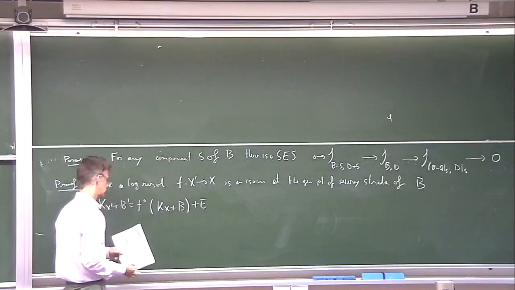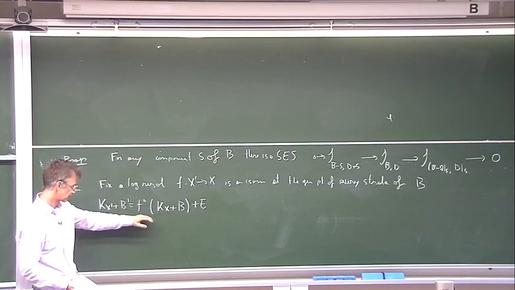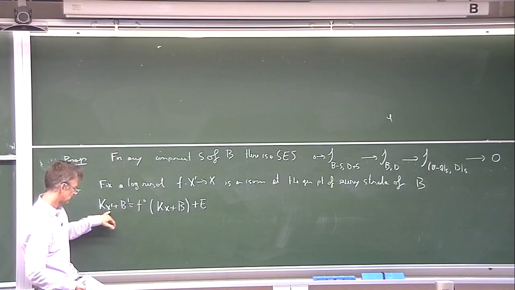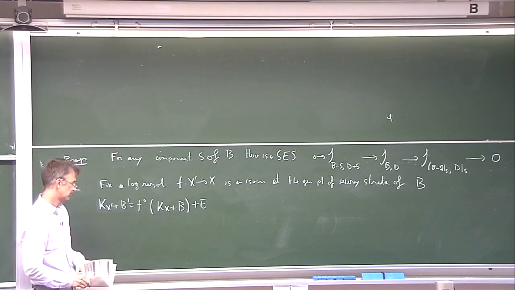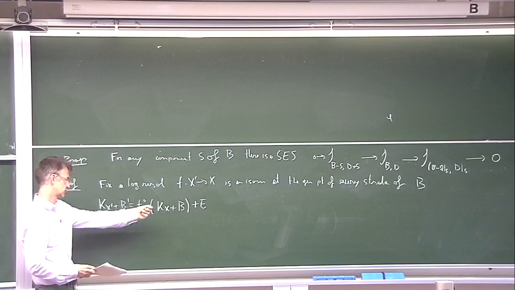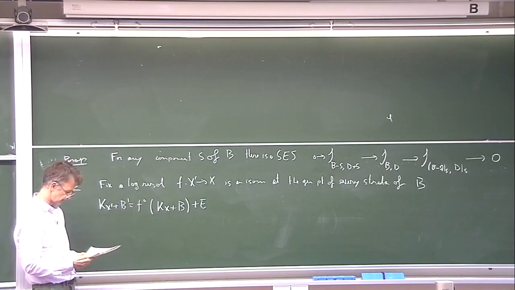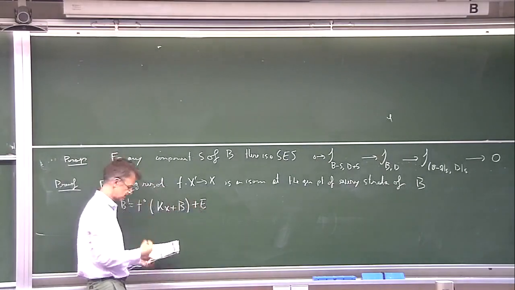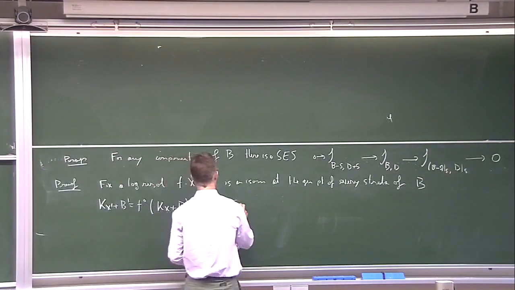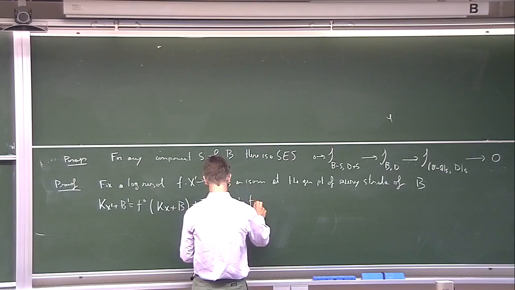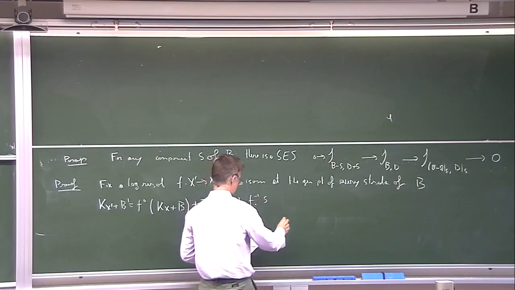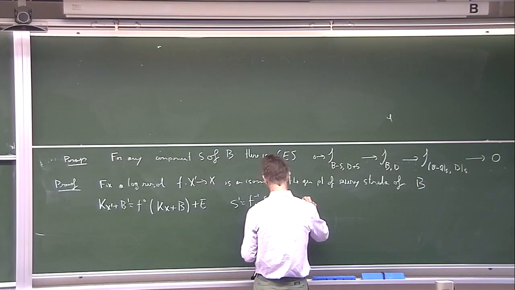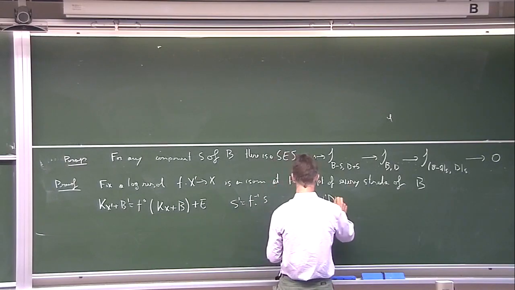Instead of writing Y and Gamma, I wrote X prime and B, and I'm writing the pullback of K_X plus B. There'll be two effective divisors that I split up in that way. Okay, but at least I kept the notation for E consistent. That's what we've been using. And let's denote by S prime the strict transform of S. And then upstairs I have a clear short exact sequence, which I'll write in divisorial form.